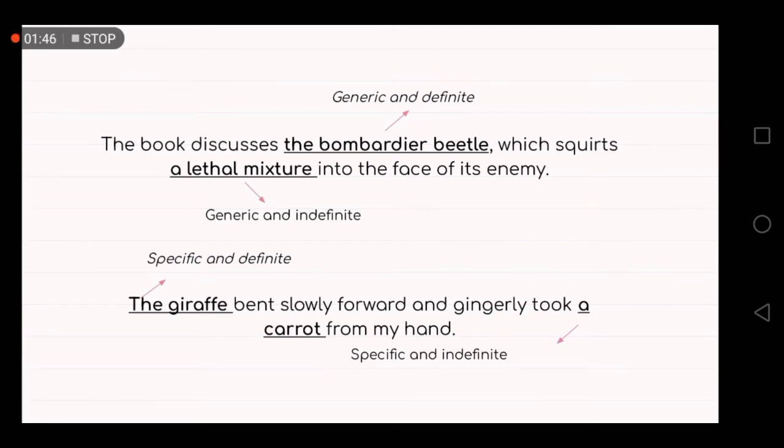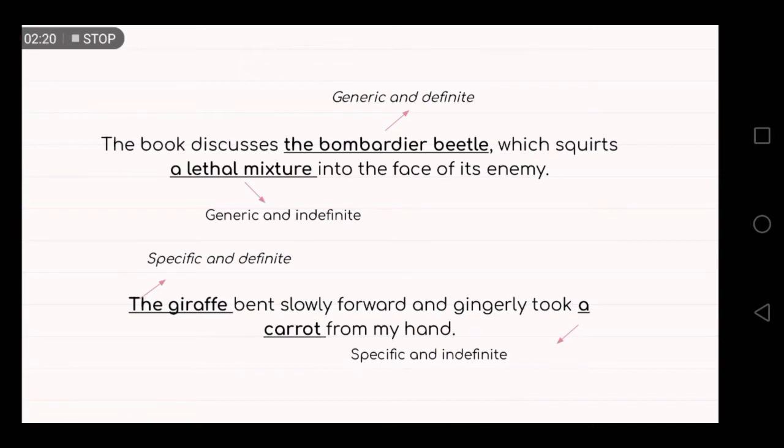The bombardier beetle is generic and definite, and a little mixture is generic and indefinite. So we can see that it uses different articles: the, and a, but it is still generic.